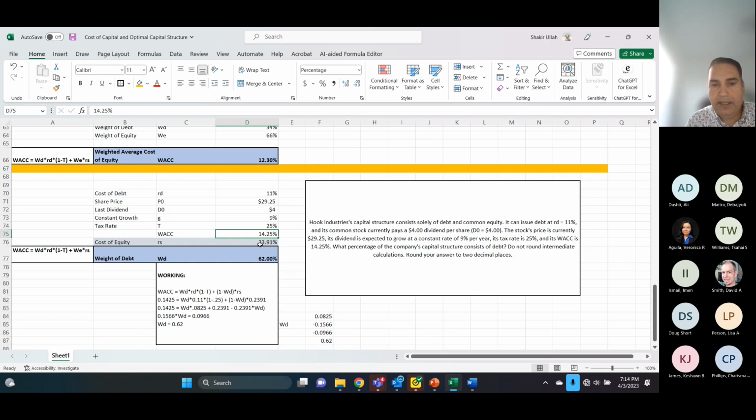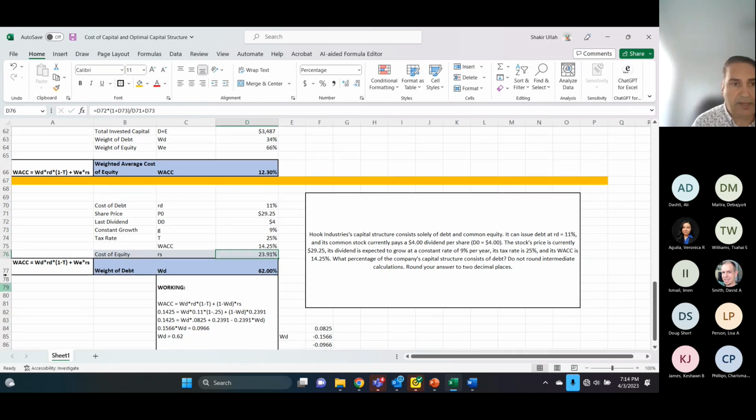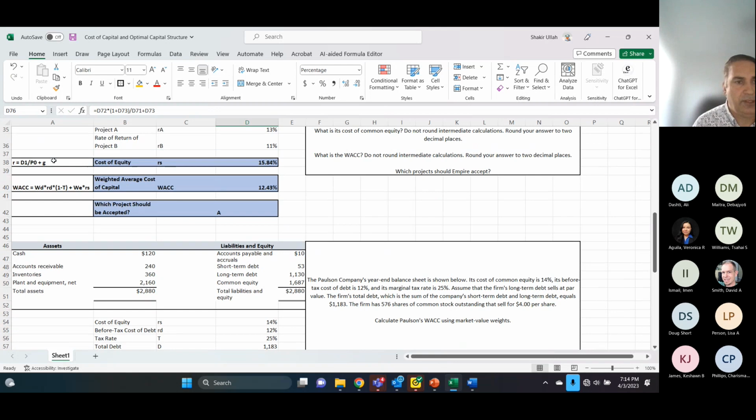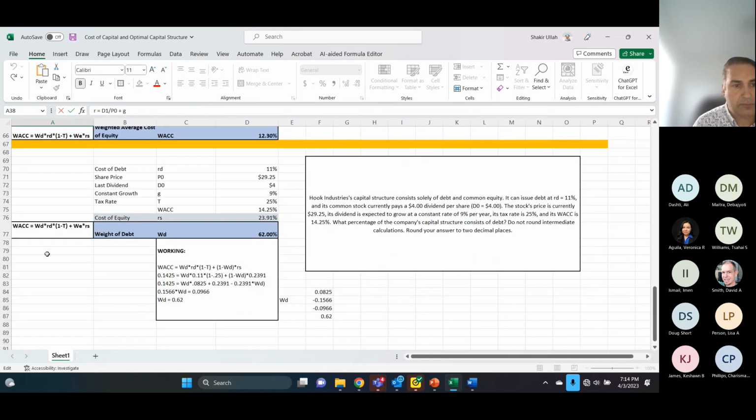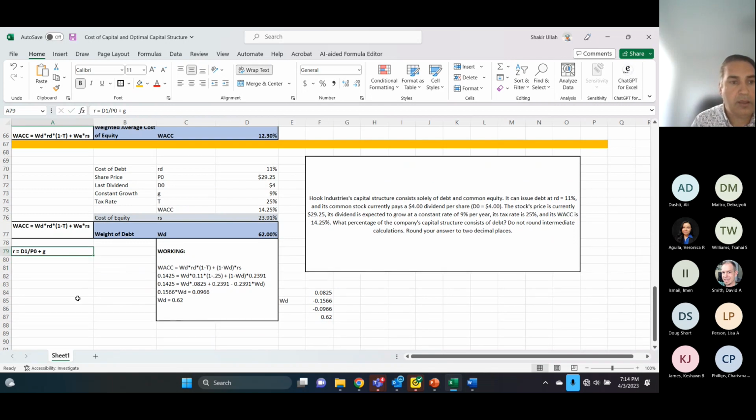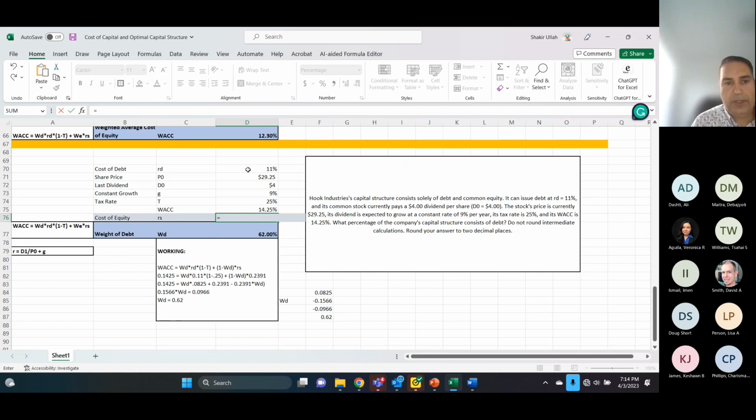But we can calculate cost of equity using the dividend discount model. So the dividend discount model, let me copy that formula for you. Here it is. RS will be equal to D1, but D1 is not given to us.